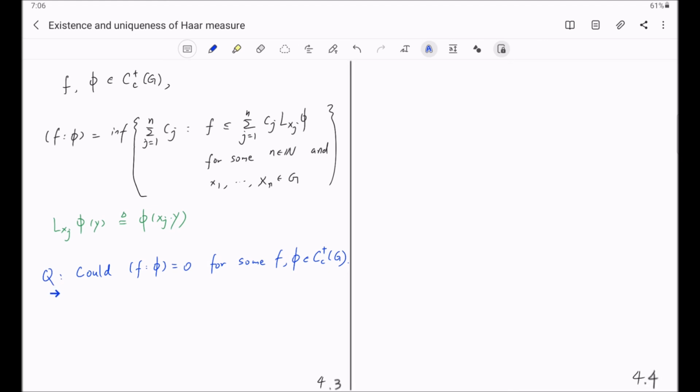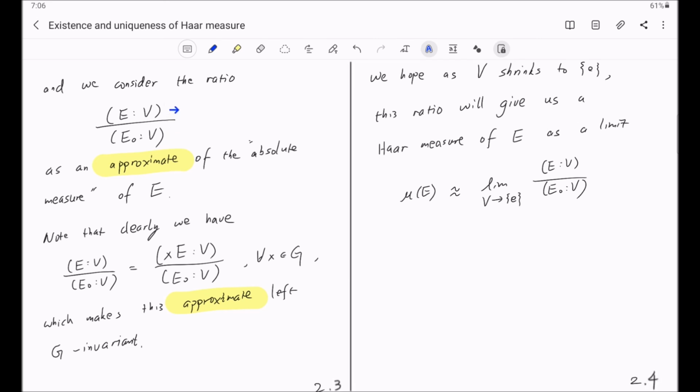We ask this question because later on we will take the quotient as an analogy to Haar's original idea of utilizing the unit measure or unit covering number.